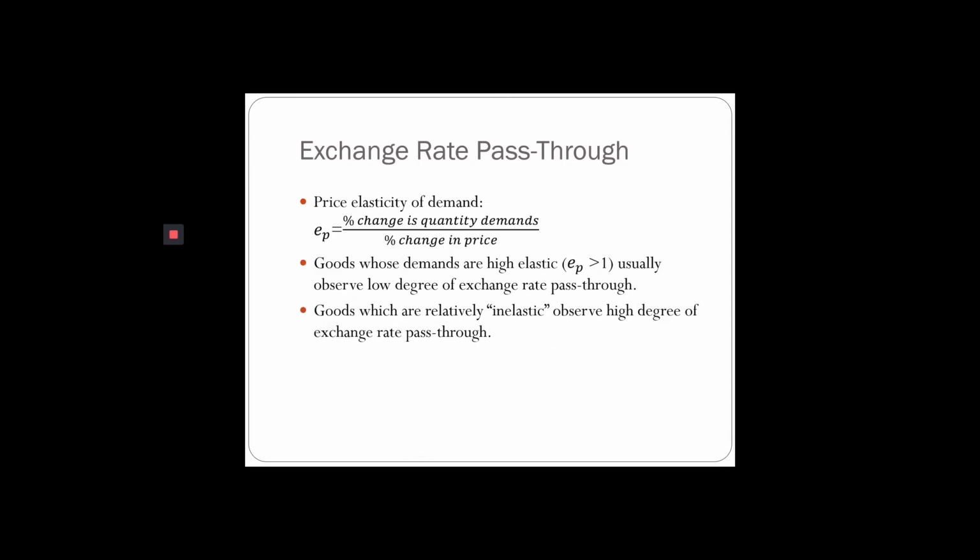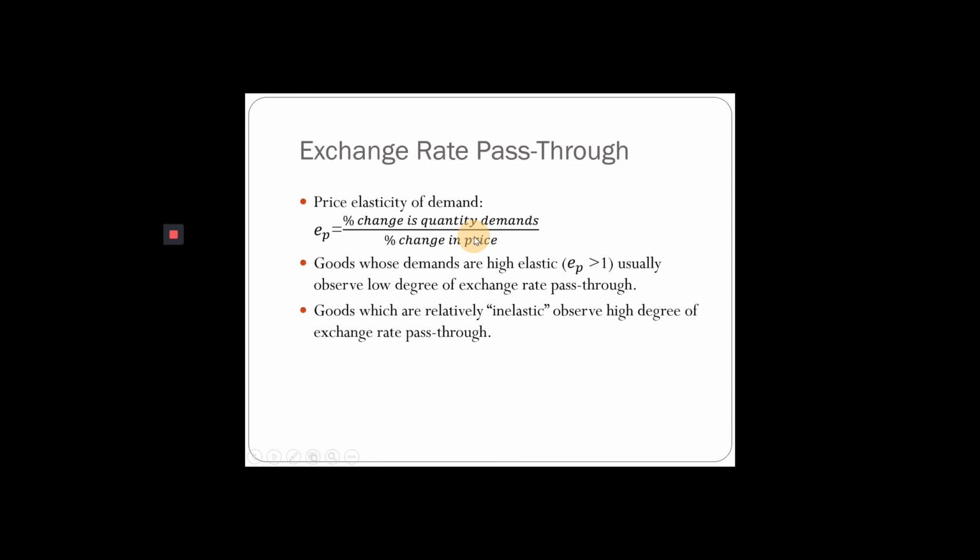The goods whose demands are elastic, for example, whenever there is a percentage change in the price and the percentage change in the quantity demanded, this is the formula for the price elasticity of demand, where you need to divide the percentage change in the quantity demanded by the percentage change in the price.